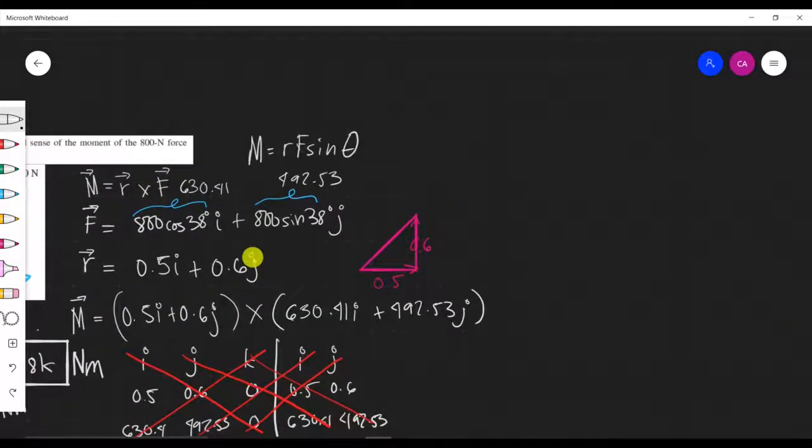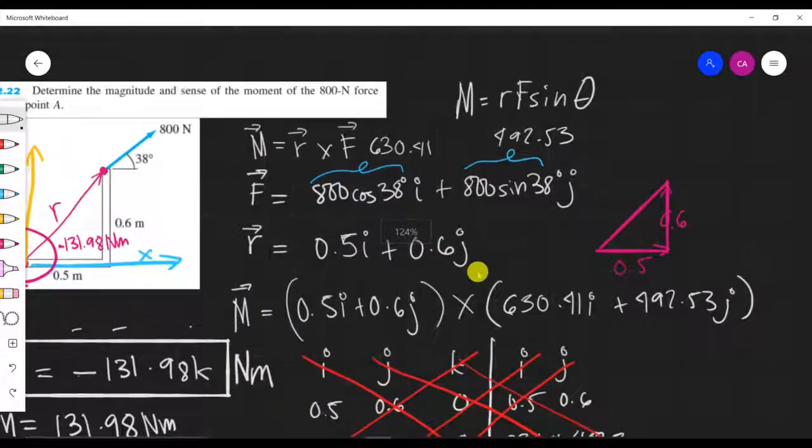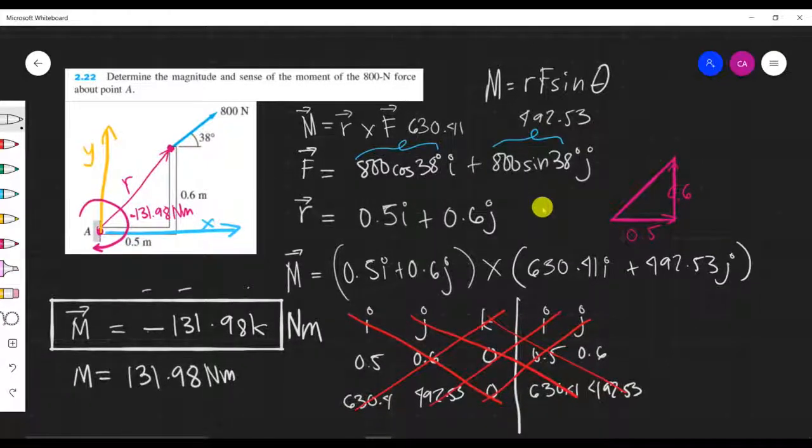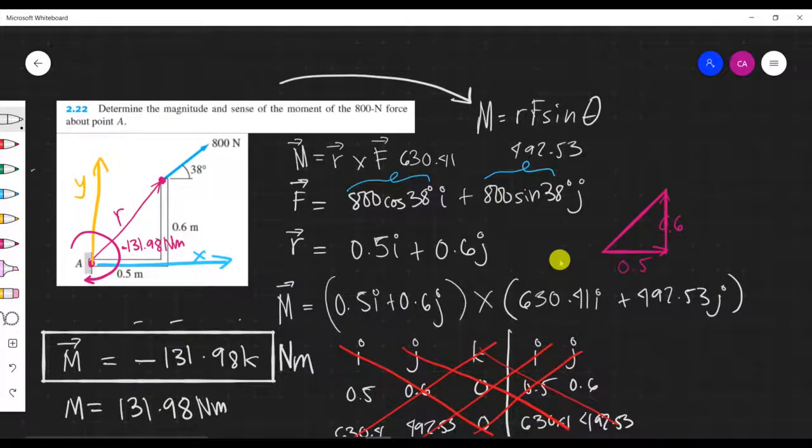Ang ginawa natin is yung vector. Ba't hindi na lang natin gawin itong magnitude? Kasi ang tanong lang naman magnitude. Okay? Gawin natin. So, ang problema lang natin dyan is wala tayong angle. Okay? So, kailangan nating alamin ano yung angle.